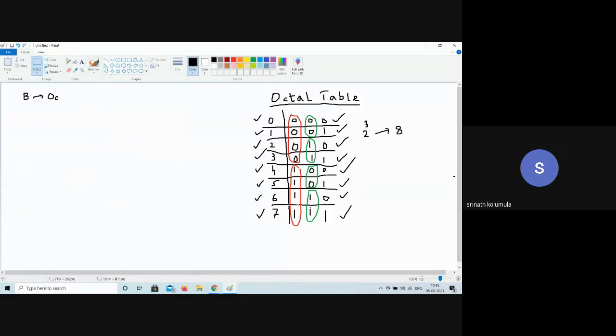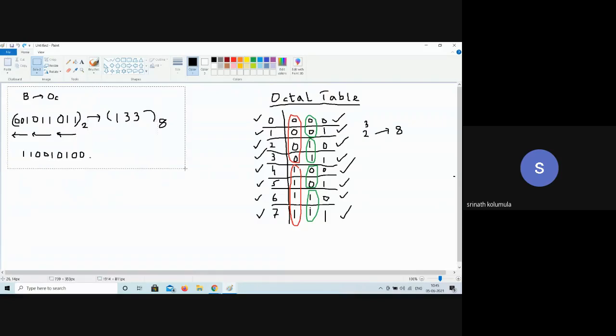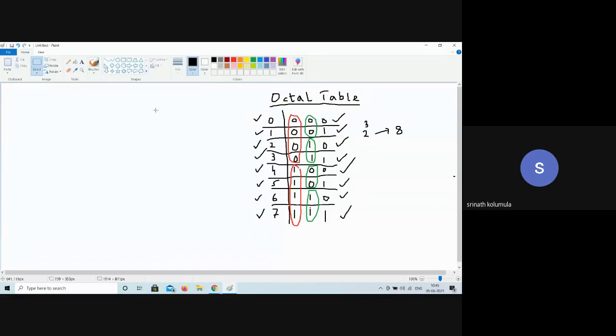Now, what are the values in hexadecimal? So the next conversion is binary to hexadecimal. Looking at this, you can construct binary to hexadecimal.